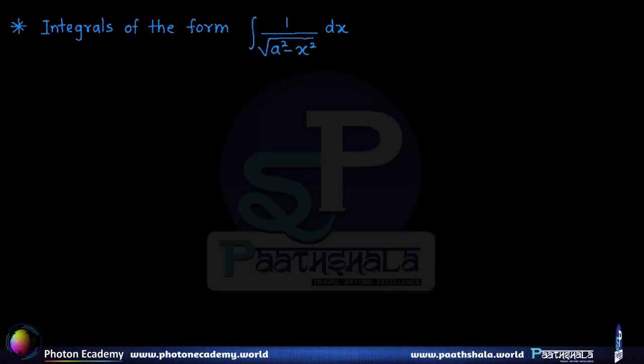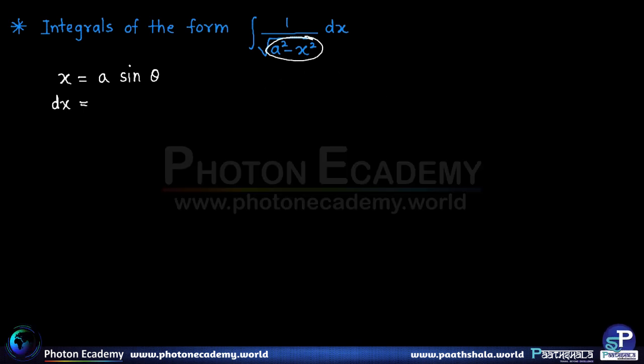So once again here a stands for some real constant and x is the variable of integration. Now to solve this, we put x as a sine theta. Now once again this will be clear why we are doing that, because if we look at the denominator term on substitution, that will give us a square cos square theta. Alright, so dx is a cos theta d theta.